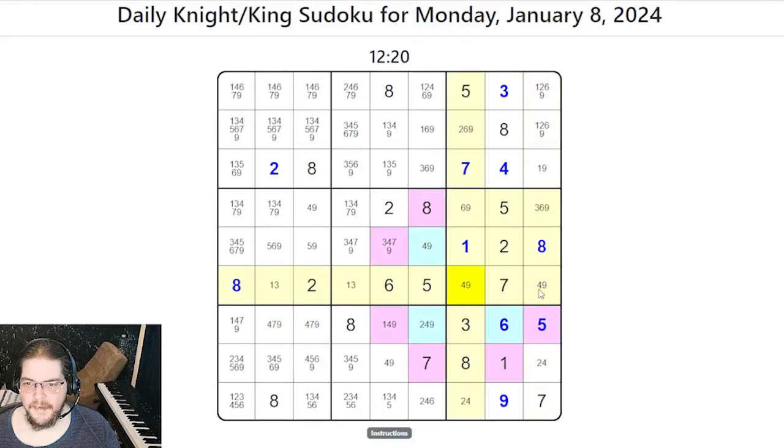Does this 4-9 pair tell us anything else? It does. It tells us there's no other 4s or 9s in the rest of this square. That means this must be a 6 and this must be a 3 accordingly.